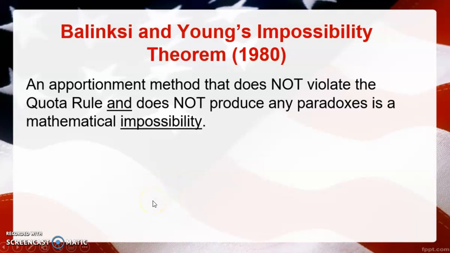So based on Balinski and Young's theorem, we won't ever have an apportionment method that can't produce violations or paradoxes. So the Huntington-Hill method is a pretty good choice since it can, but it does so very, very rarely.